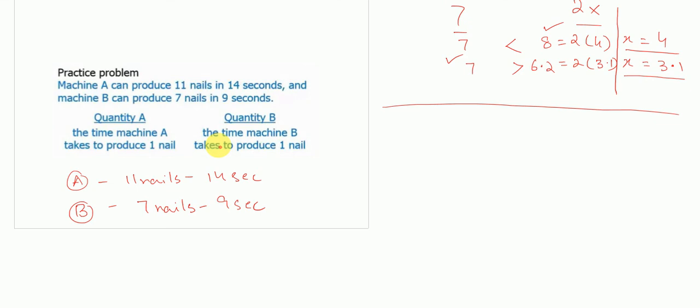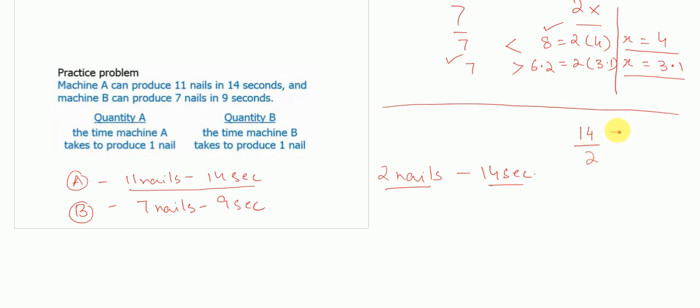All right. So that's easy. And if you think about how to solve it, let's change these values. Let's say the question said that machine A produces 2 nails in 14 seconds. How would you solve it? You would divide 14 by 2.